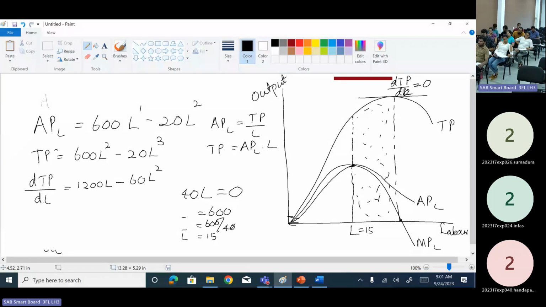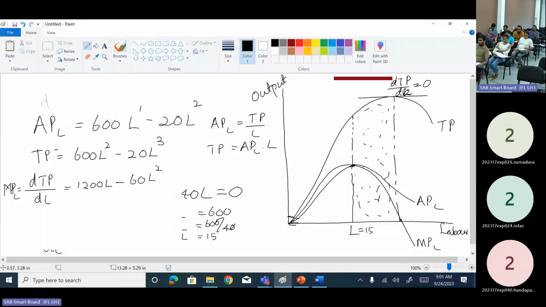This is actually the slope of the total production curve, which means the marginal productivity function. So for the total production, it gives us the marginal productivity of labor.